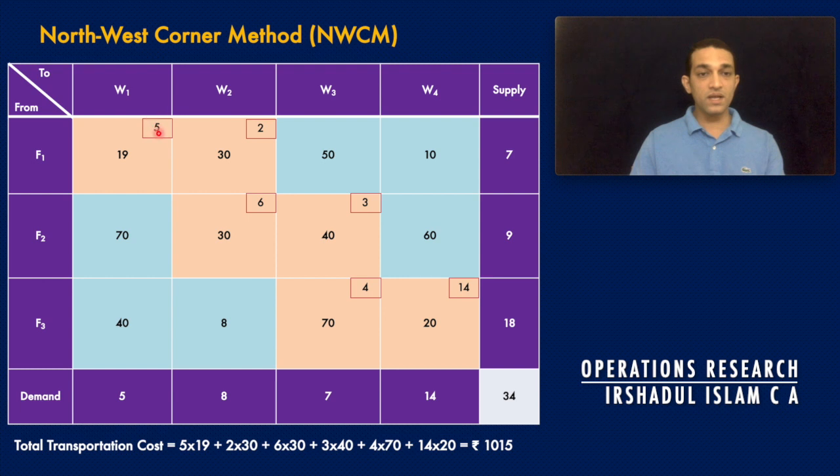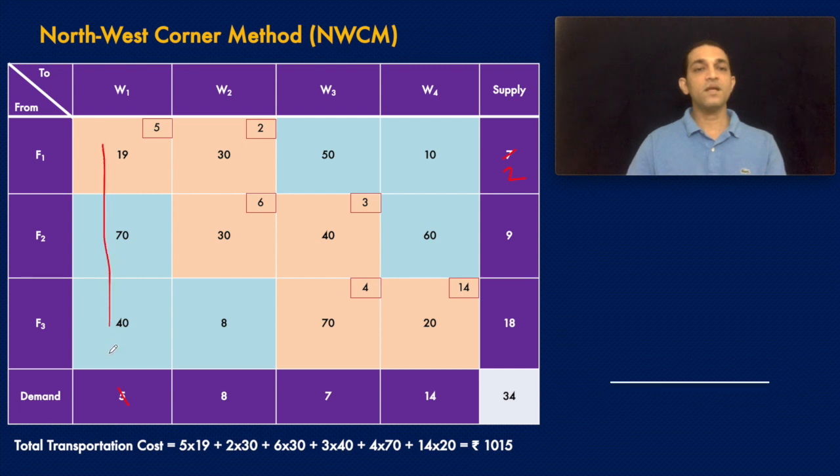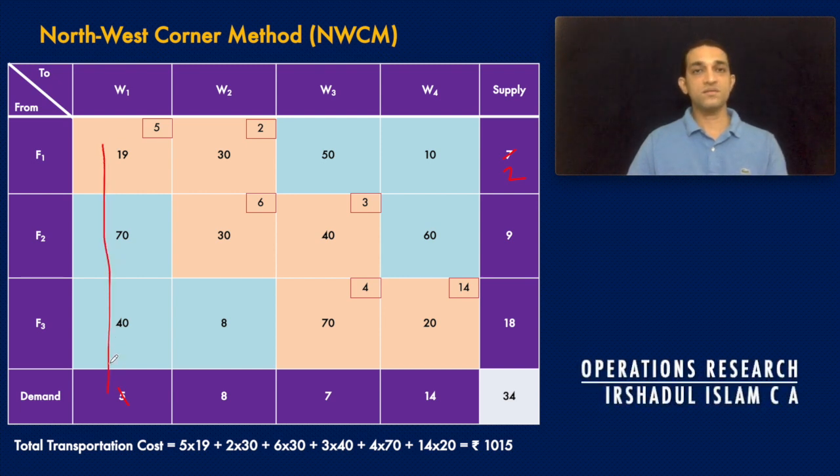So we will allocate these 5 units here. So what will happen? This demand part will be exhausted, completed, and the supply part, this 7 will be reduced, there will be a remaining 2 units. We will keep that part there, but at the same time we will close this column of the table for the next step.